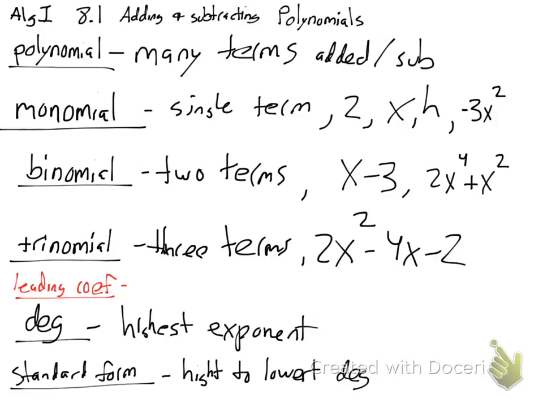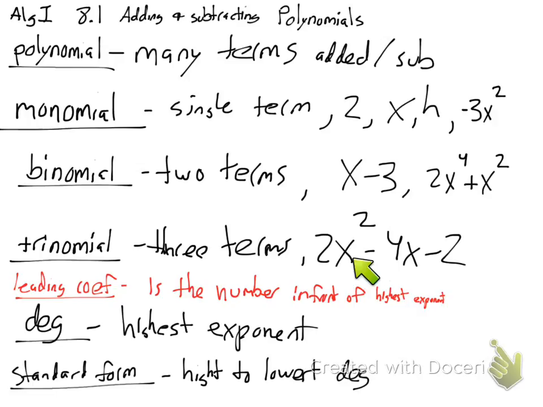A leading coefficient, guys, is the number in front of the highest exponent. So for the one with the highest exponent, sorry it got small there, the leading coefficient is the number, when it's in standard form, that's up front.